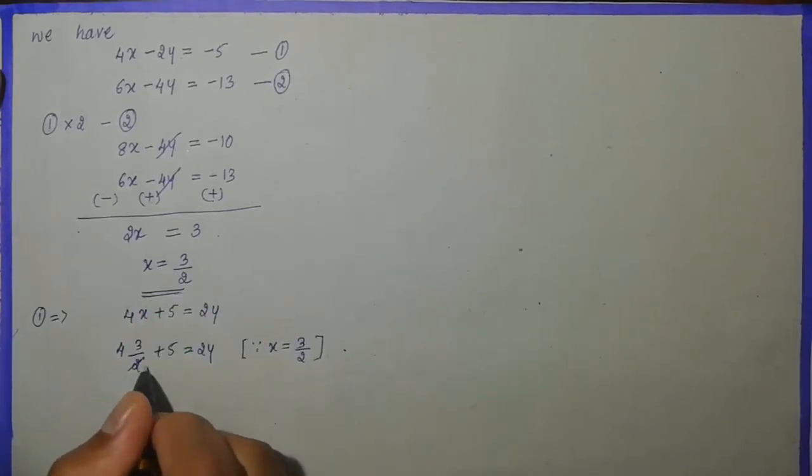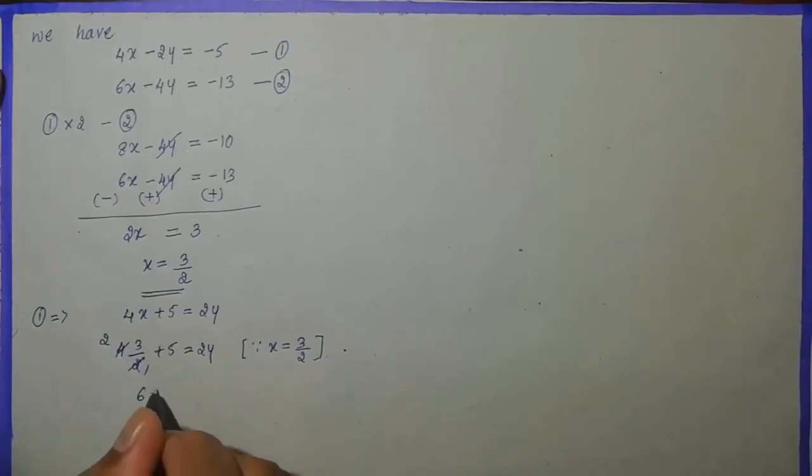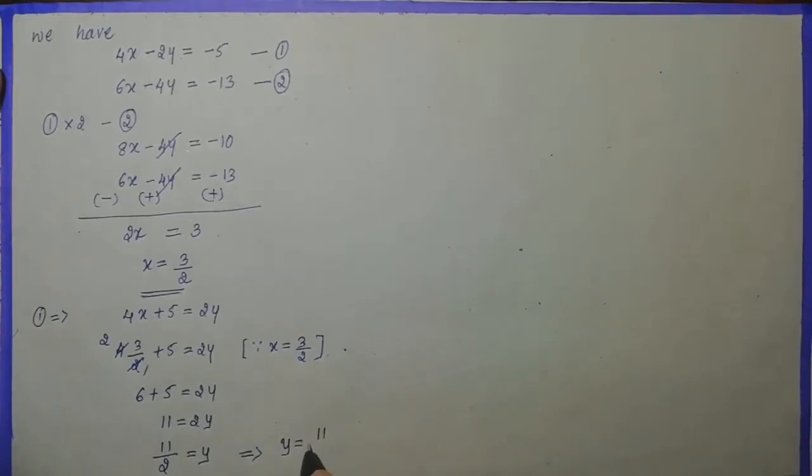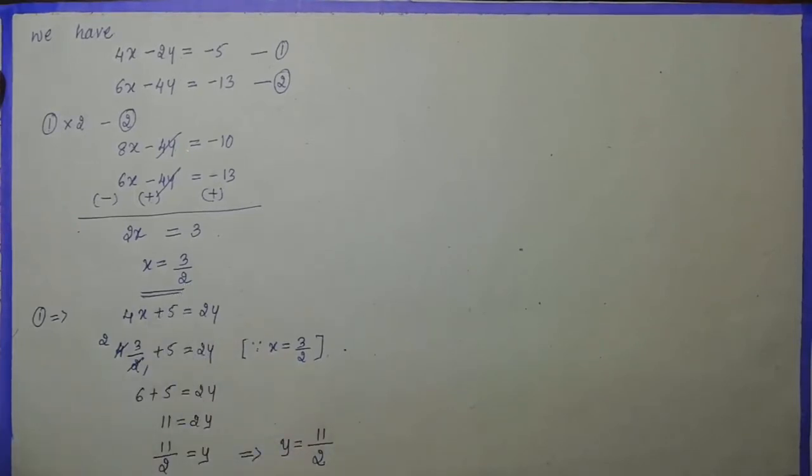Then 2 ones are 2, 2 twos are 4, so 4 into 3 by 2 becomes 6, plus 5 is equal to 2y. 6 plus 5 means 11 is equal to 2y. On cross multiplication, y is equal to 11 divided by 2. So x is equal to 3 by 2 and y is equal to 11 by 2.